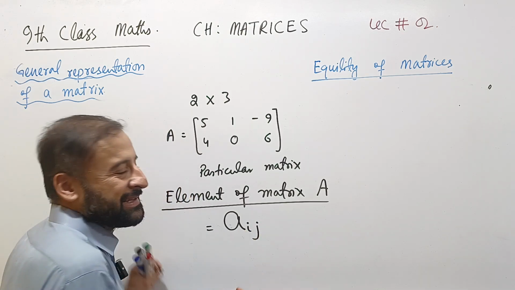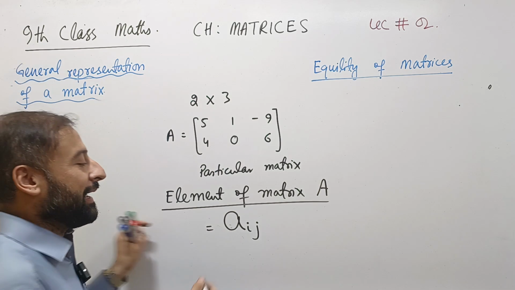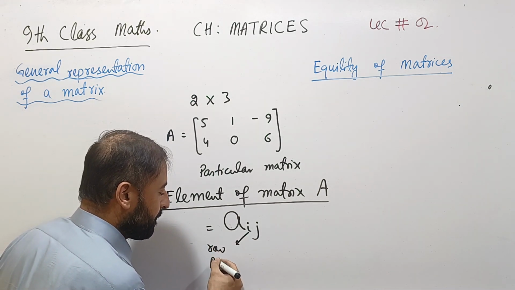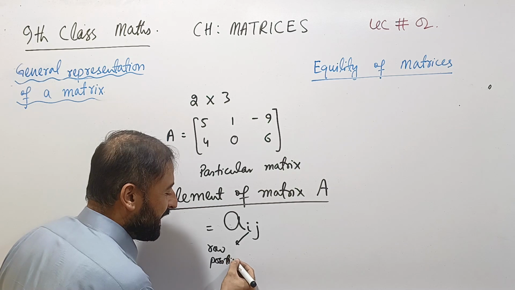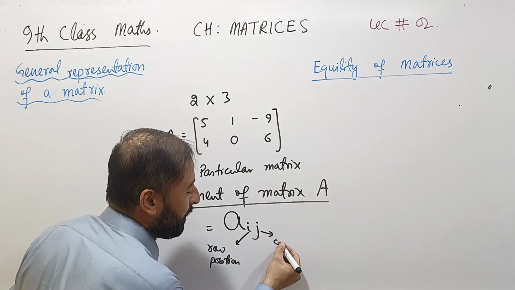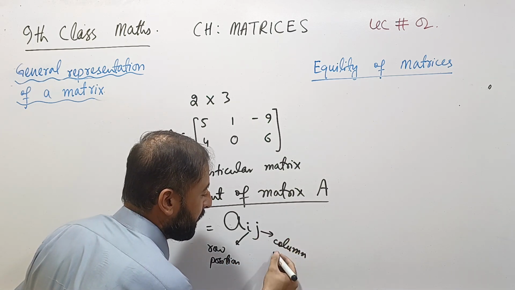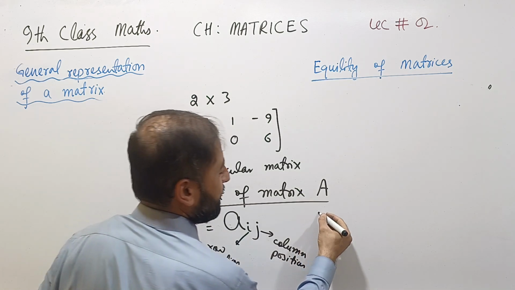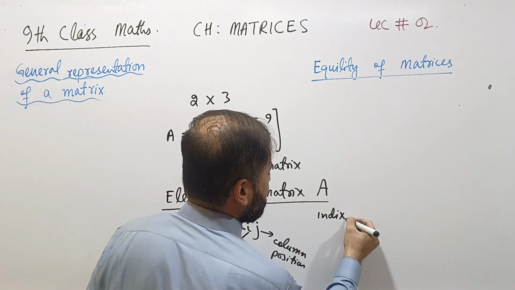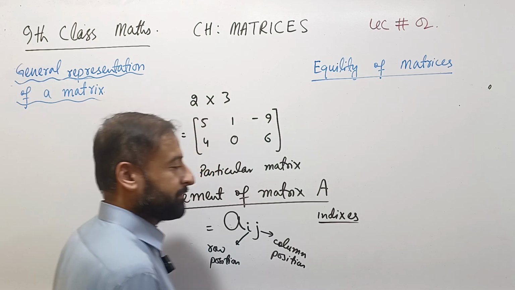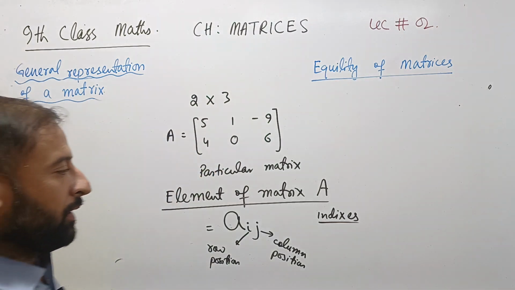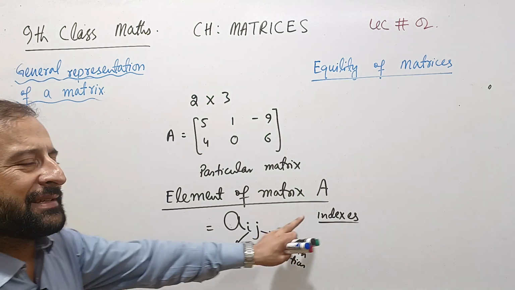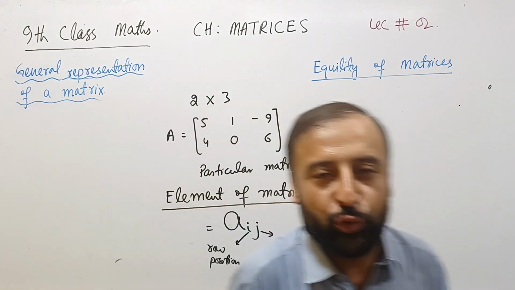We write them in subscript. i is a number which shows row position, and j is a number which shows column position. Combined, they are called indexes. Indexes means numbers which locate the position.